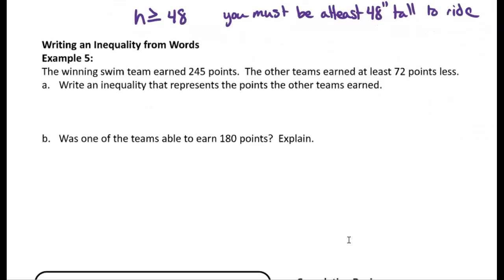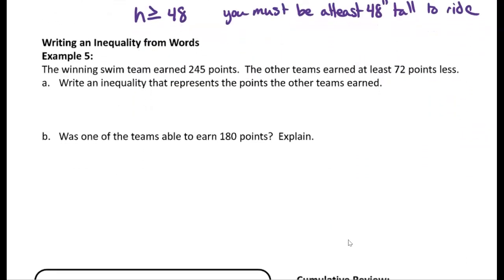Because the closed circle tells you can be exactly 48, and the arrow to the right tells you can be taller than 48. Okay, this one says, write this in words. The winning swimming team earned 245 points. The other team earned at least 72 points less. Write an inequality that represents this. Okay, X is the number of points the other team earned.